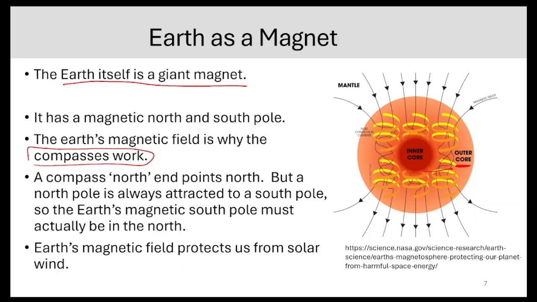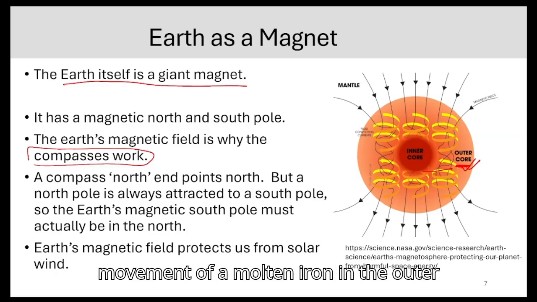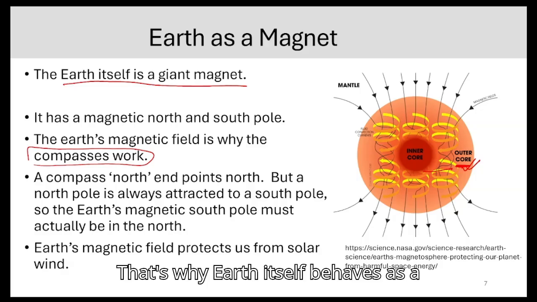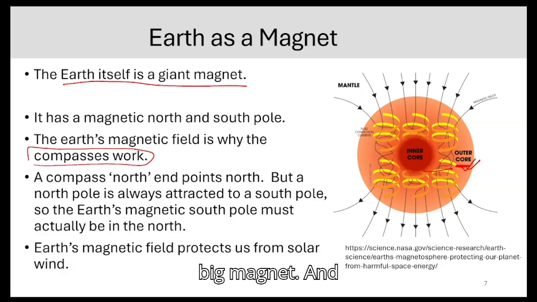The movement of molten iron in the outer core creates massive electric currents, and it results in a global magnetic field, and that's why Earth itself behaves as a big magnet.